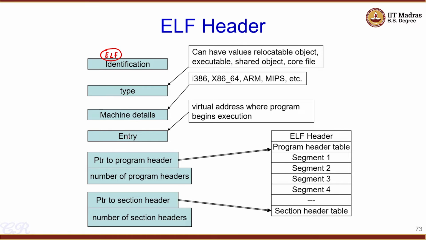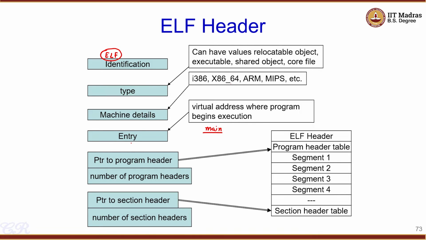Then you would have a field called entry. Entry in the ELF header tells you where the program should begin execution. For instance, if my program wants to execute from a function called main, then the virtual address of this main function should be filled in the entry. How is this going to be used?